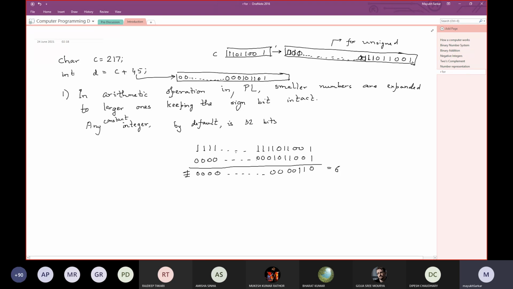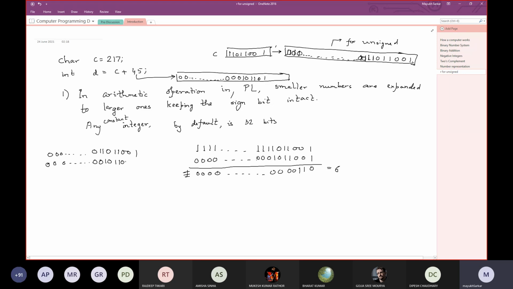Now if you do the addition, you will see all zeros, then 1 1 0 1 1 0 0 1, and here as well all zeros, then 0 1 0 1 1.